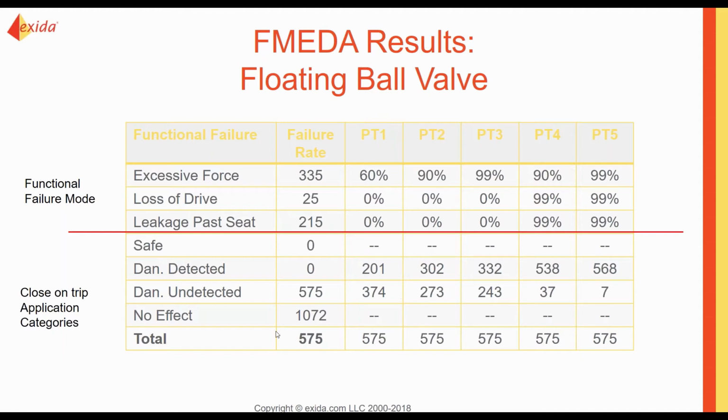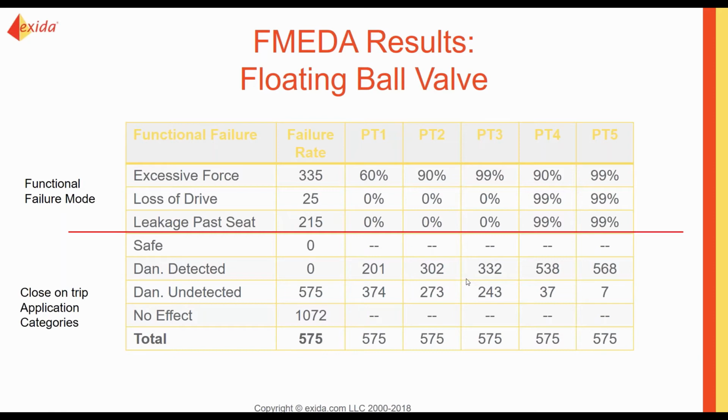And so, for example, if we take just a ball valve with a nominally 575 FITs failure rate, depending on this proof test, we can have a dangerous detected from as low as 201 FITs up to essentially 99% coverage. So depending what set of numbers you use, you're going to get a very different SIL PFD average calculation.